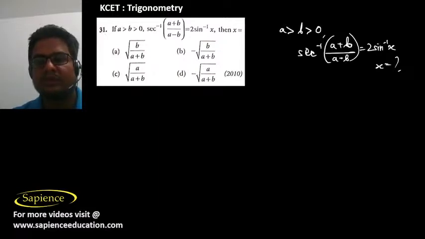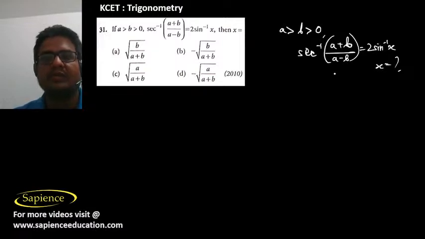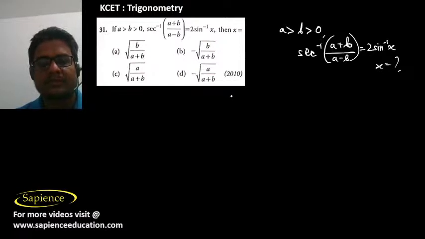Sec inverse of (A plus B) by (A minus B) is equal to 2 sine inverse X. So now X will be how much?